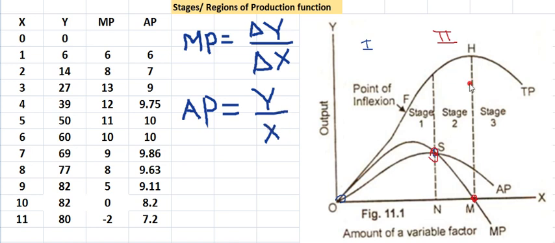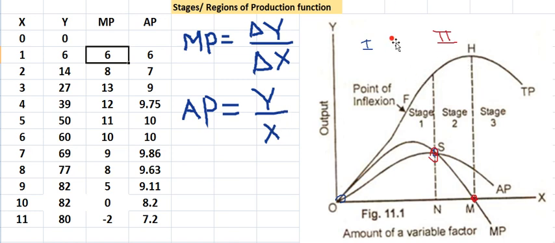So this particular region is the rational stage of production function, as the optimum point of input use must be somewhere in this rational region, and in this stage total product is maximum.